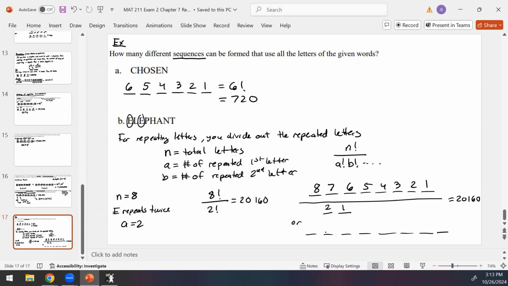So assuming that we don't pick E first, we have 8 options, 7, 6, 5, 4, 3. And then when we get to the last ones, the last two are E, right? So how many ways can I pick E? Well, there's only one way because it's just E, and then there's only one way because it's still just E. So you could do it that way. It ends up working out. It's just that one requires a little bit of, you got to convince yourself, and I don't recommend that one, honestly. But if you care to think about it that way, you can.